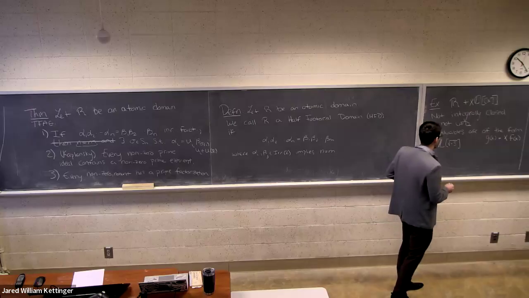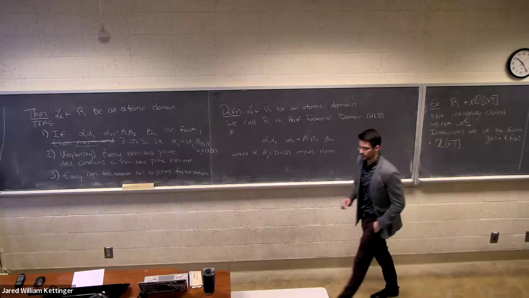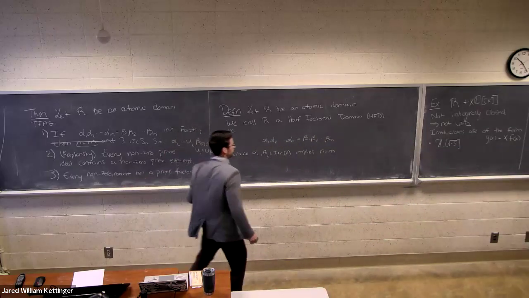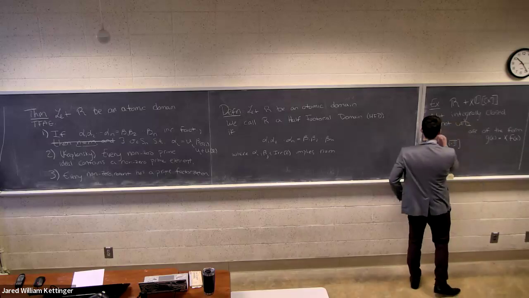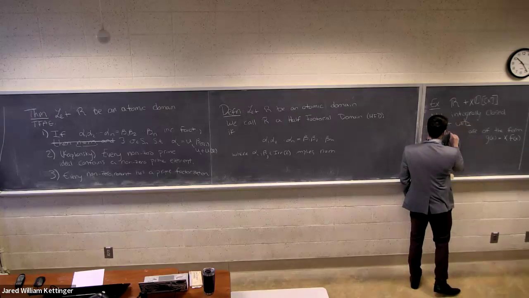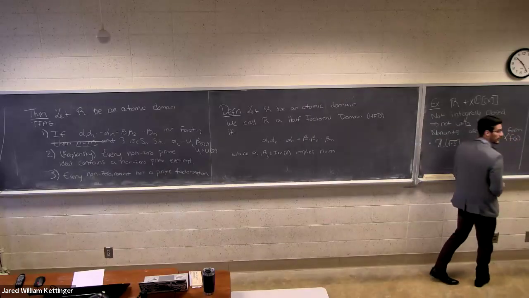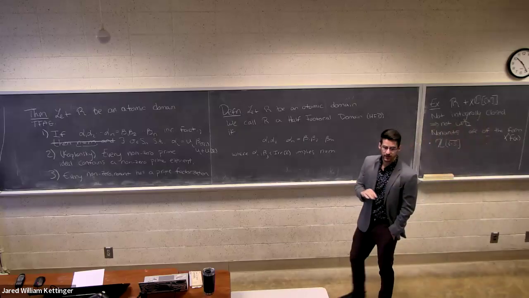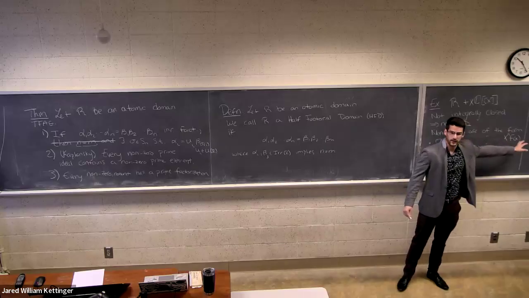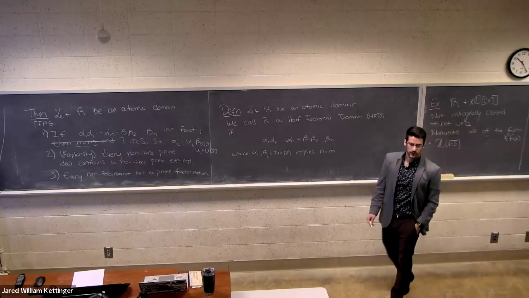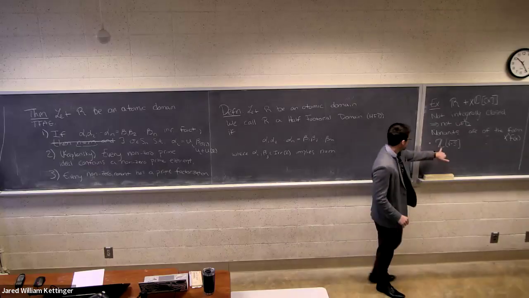Maybe I can make this a bit clearer. The non-units are going to be of this form, and then the irreducibles are going to be the ones where you have x times f of x, where f of 0 is a unit, right? Exactly. So back to this one.